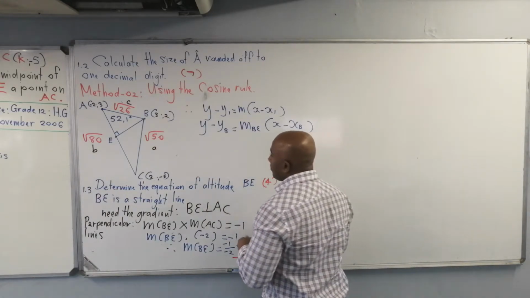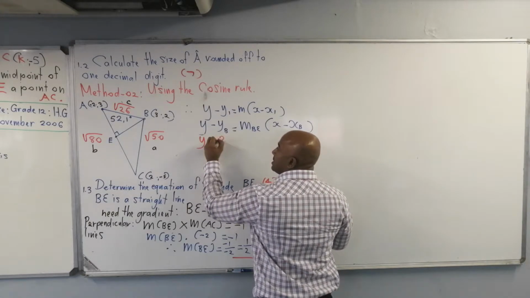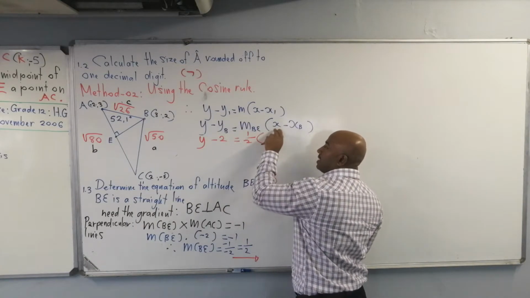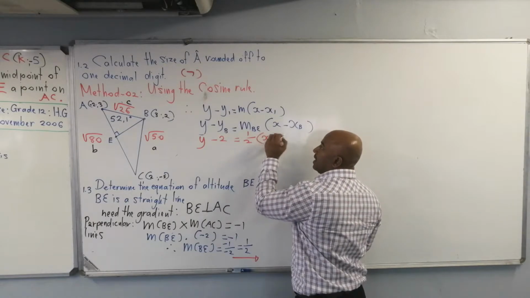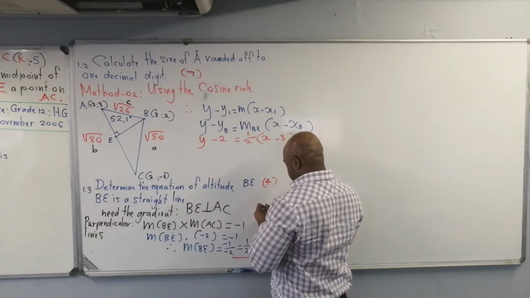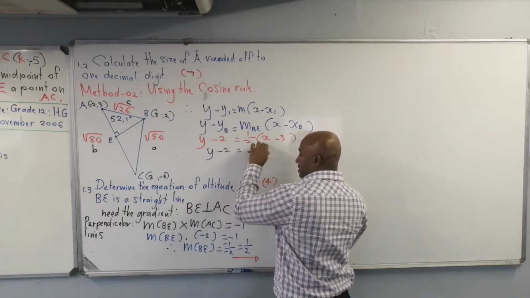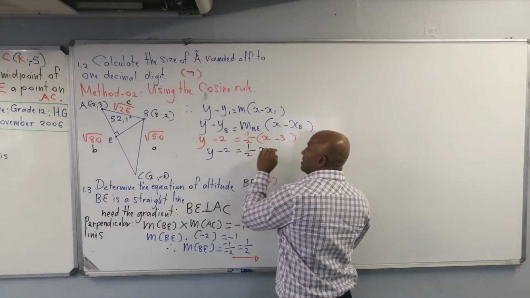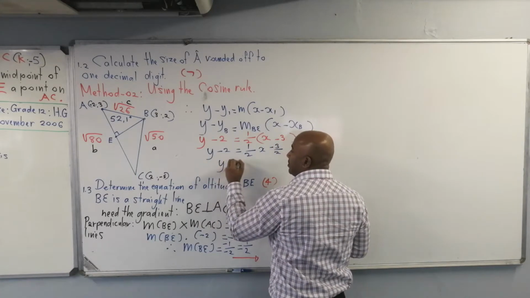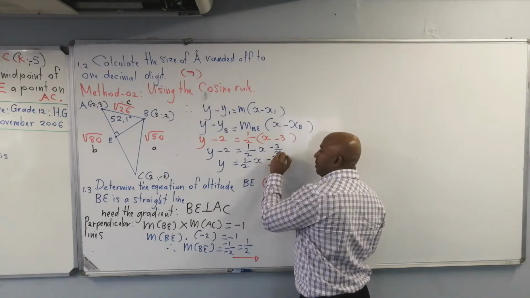So now y minus the y value at B, so therefore it's going to be y minus 2 is equal to the gradient of BE, which is 1 over 2, x minus xB, so that's going to be x minus the x value at B, which is 3. So therefore, y minus 2 is equal to half times x, which is half x, and half times minus 3 is minus 3 over 2. So y is equal to 1 over 2 x minus 3 over 2 plus 2.